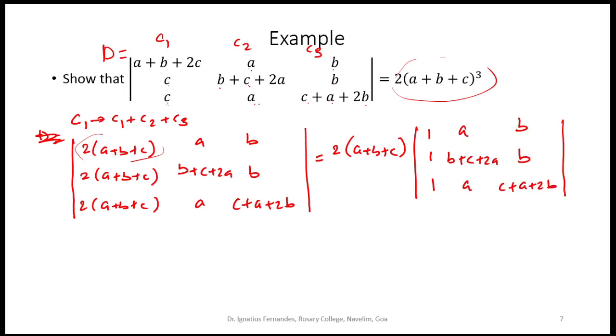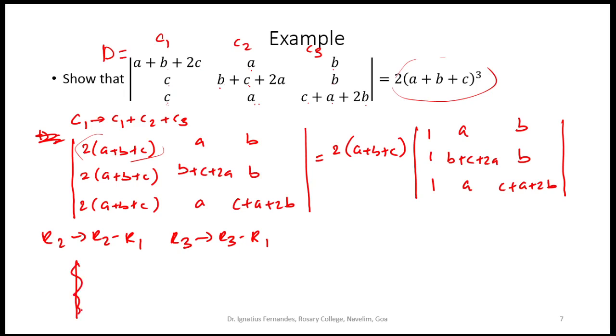Okay, let me go to other transformations now. Let me replace R2 by R2 minus R1, and let me replace R3 by R3 minus R1. In that case, what will I get?